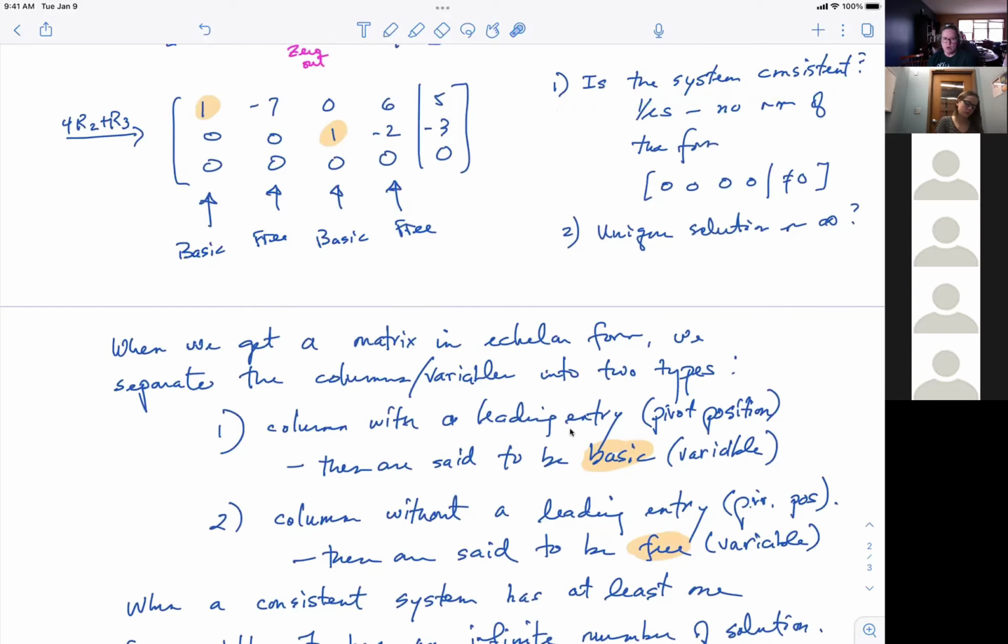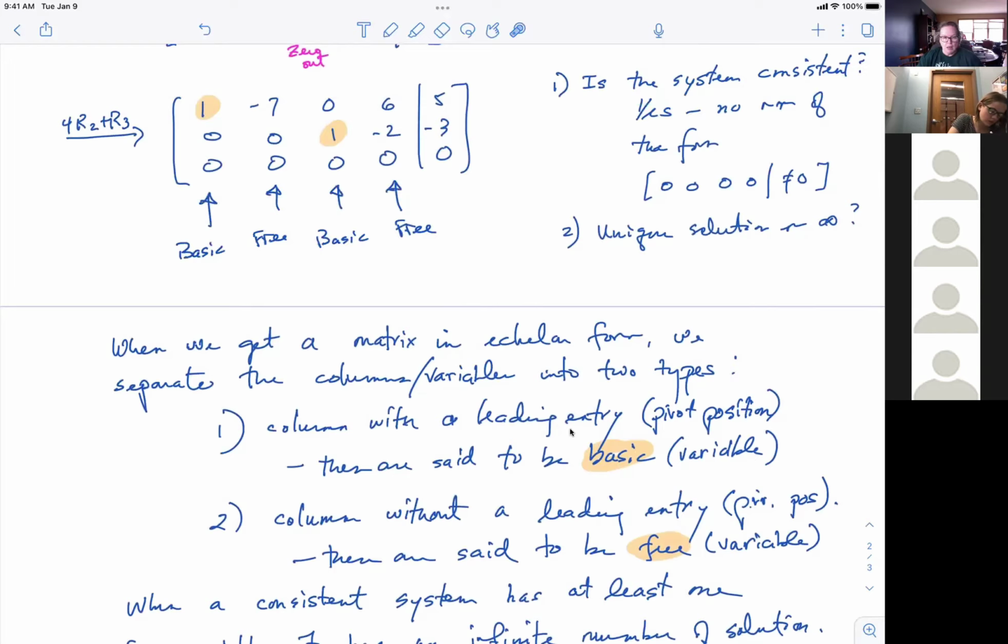All right, so this system has free variables. In fact, the problem in the book wouldn't say write the general form of the solution if it didn't have free variables, but nevertheless, this is how you make that determination.